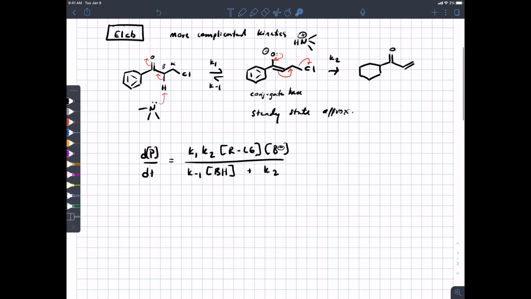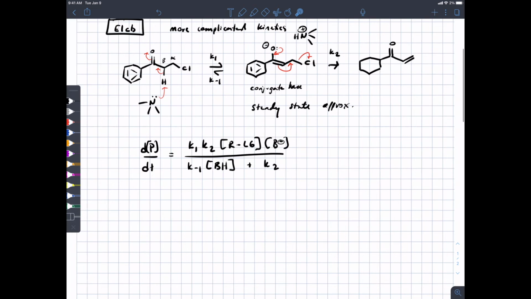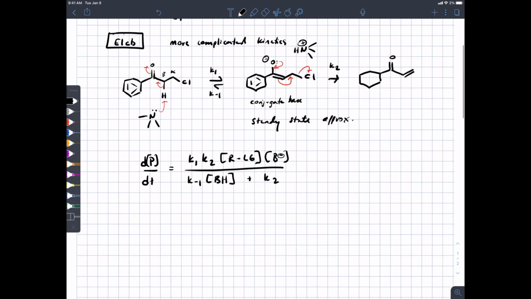So let's think of some limiting cases. What if, and this is what most people think of when they hear E1CB, let's imagine that deprotonation is fast, and that K minus 1, backwards deprotonation, is faster than K2.